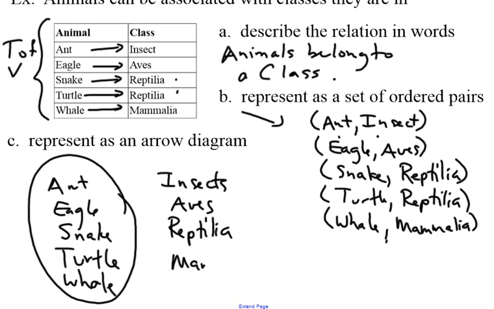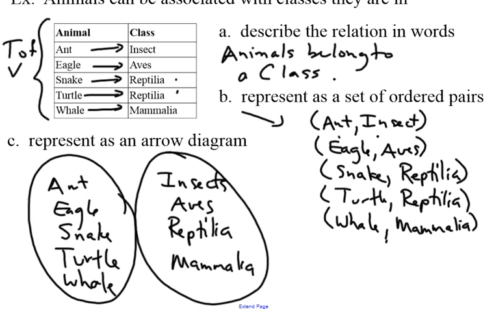I just need to identify all of the elements within that set, because then I can now show where the relation is. An ant is an insect. An eagle is an avis.